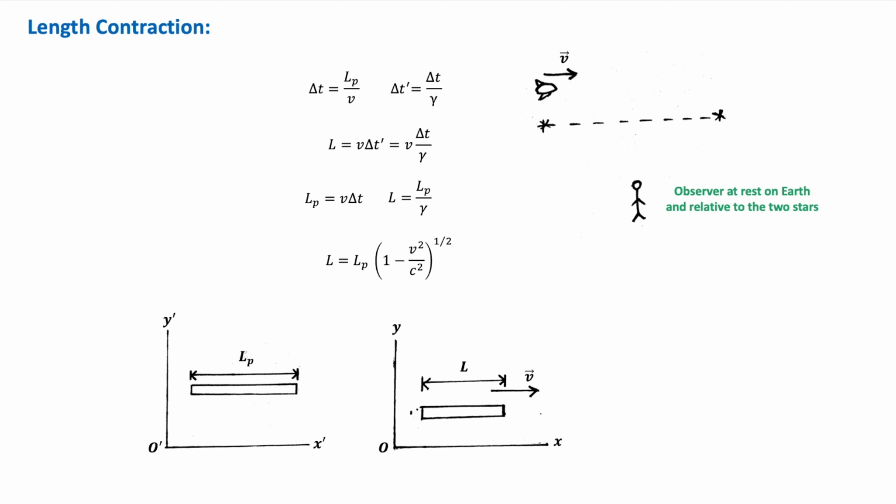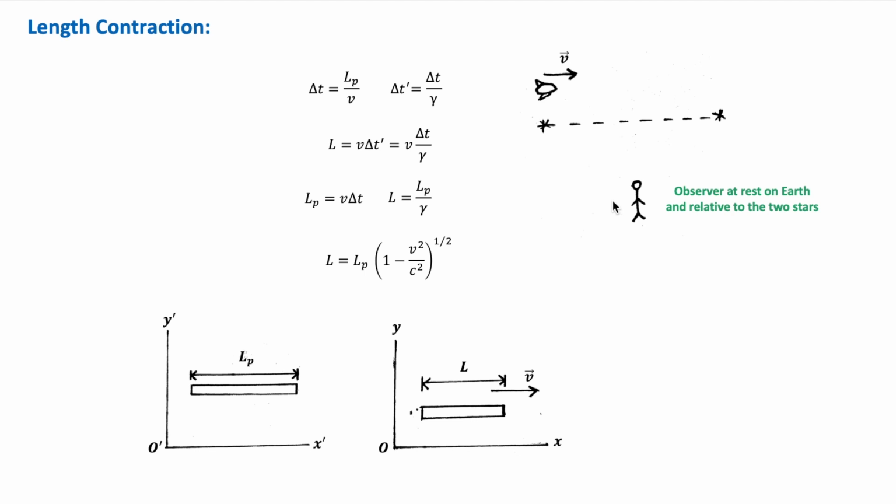Also, for the time interval, for example here, the observer in the spaceship who is at rest relative to the clock in the spaceship measures the proper time delta t dash, while an observer moving with respect to the clock in the spaceship, which is this observer here, measures the time interval delta t that is longer by a factor of gamma.